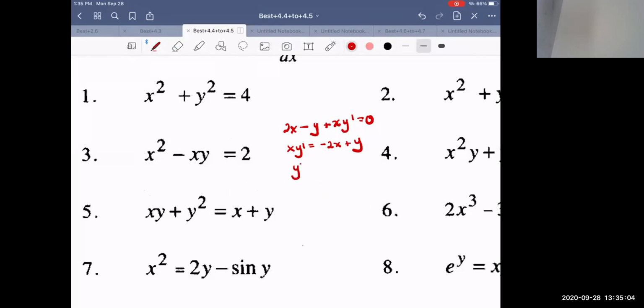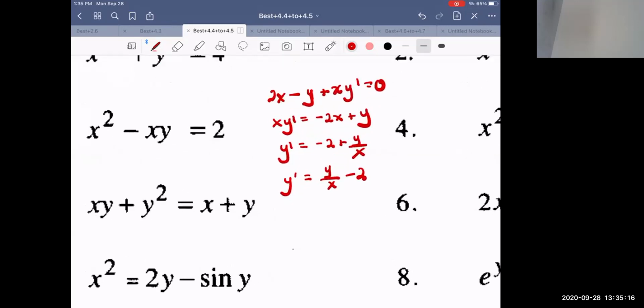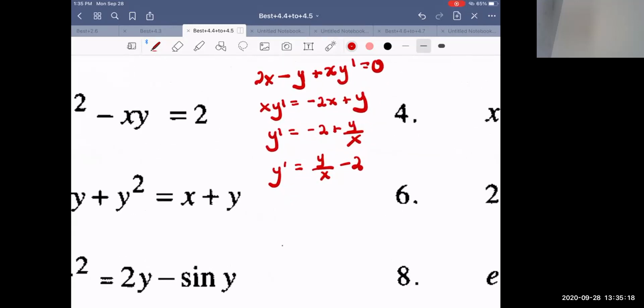So y prime is equal to negative 2 plus y over x. If you want it a little nicer, you could write this as y over x minus 2. And if you really want to get savvy with your math, and I encourage you to because you're going to have to in BC, give this a common denominator of x, to be y minus 2x all over x. And you'd be done.